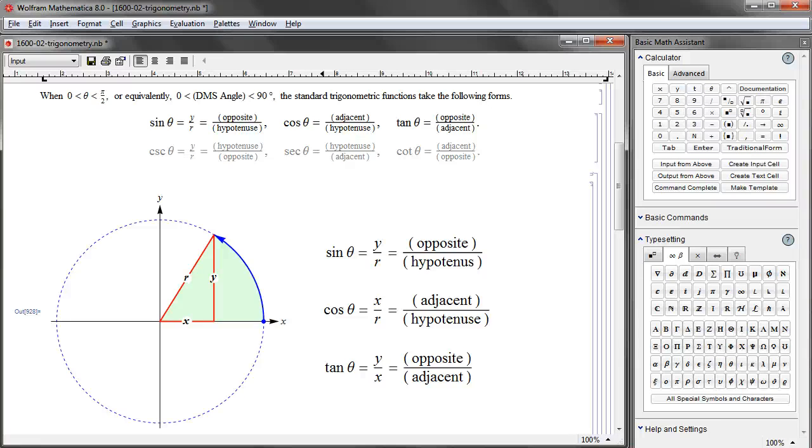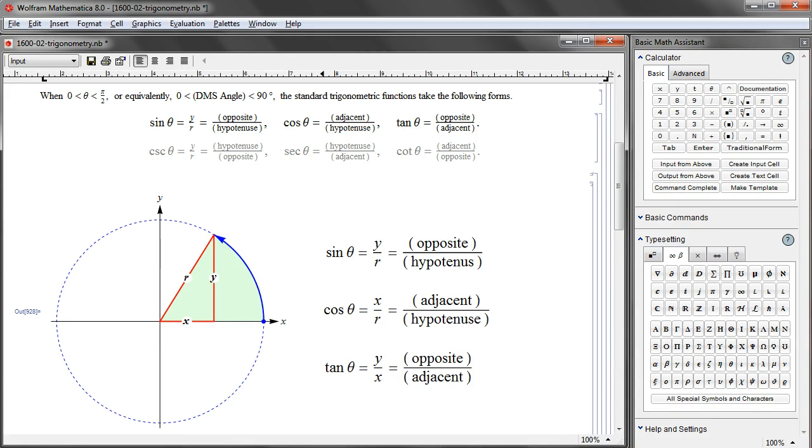Because I have extension in my mind, I do the picture in the circle of radius r, even though in this particular case we're going to get only the first quadrant. Here we go. X and y are horizontal and vertical, but in terms of the central angle, x is the adjacent and y is the opposite.